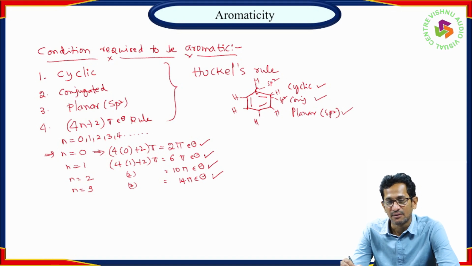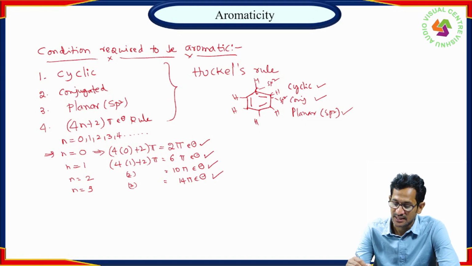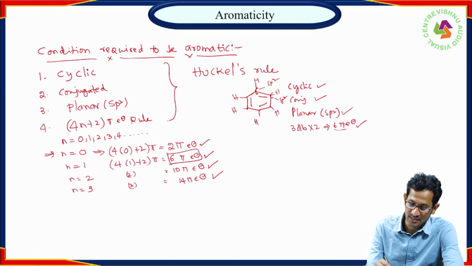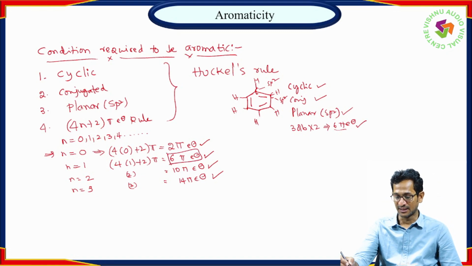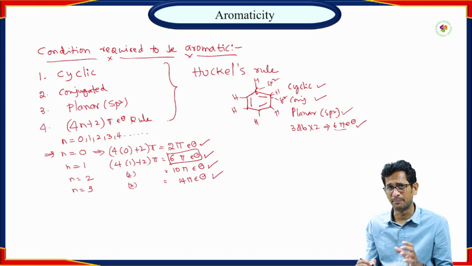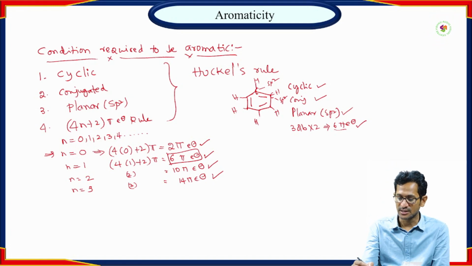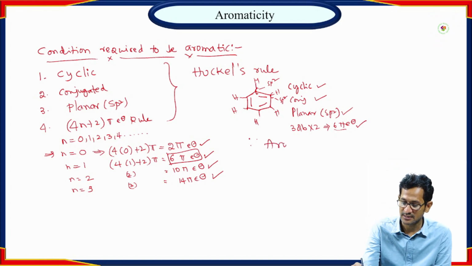And finally, does it satisfy Huckel's rule or not? It contains three double bonds, and each bond gives 2 electrons, so 6 pi electrons. Yes, that is a Huckel number. Since benzene satisfies all four conditions, benzene is an aromatic compound.